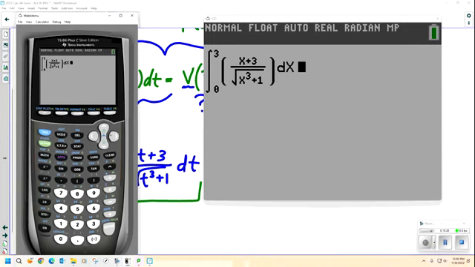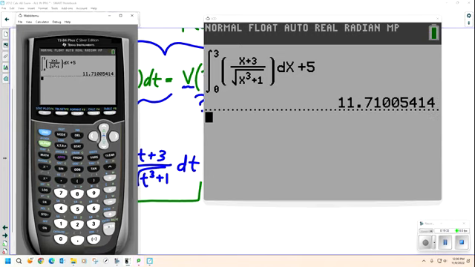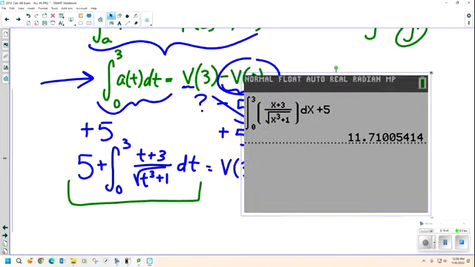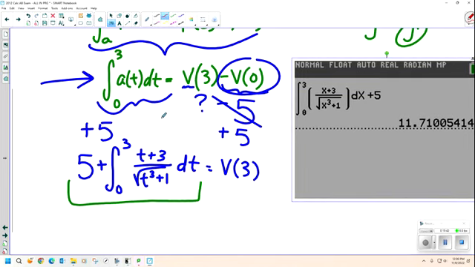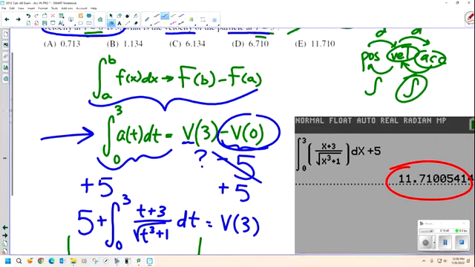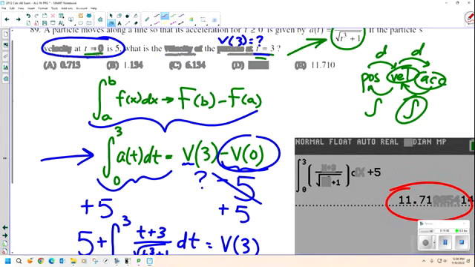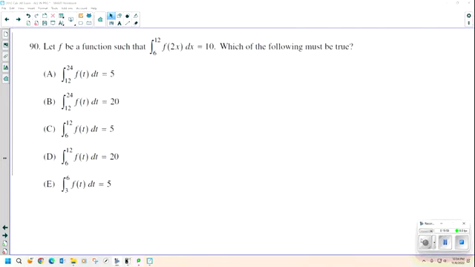So I can hit enter here, then add 5, or I can just put plus 5 here. 11.710. Yeah, there you go. This is my answer. And all of our answers are 3 decimal places, so it's just going to be 11.710, which is choice E.